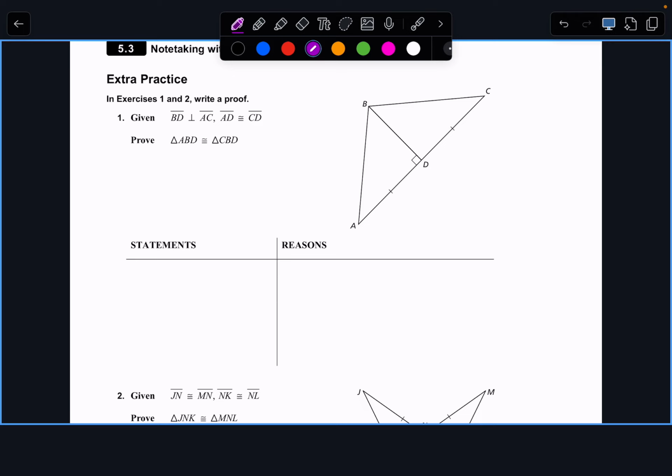Okay, so we would like to write a proof that these two triangles are congruent. Now, the only way we know to identify triangles as congruent with a shortcut is side angle side. So if in our proof we can highlight two sides that are congruent and the included angle, then we can conclude at the very end that these two triangles are congruent.